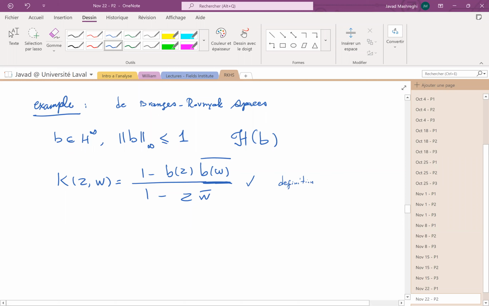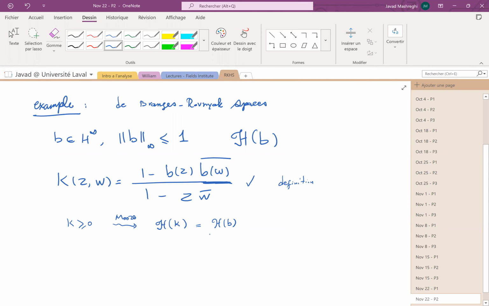It's a little bit of work, but we show that K is bigger than or equal to 0, and therefore, by Moore's theorem, it gives a space H of K. And this is precisely our space HB. So starting from the kernel, we get this space. If we do it that way, you need a little bit of work to distinguish some of its elements and develop some of the properties of HB.